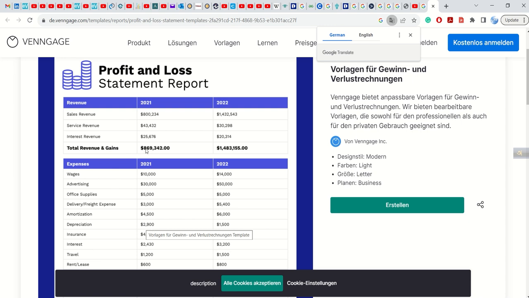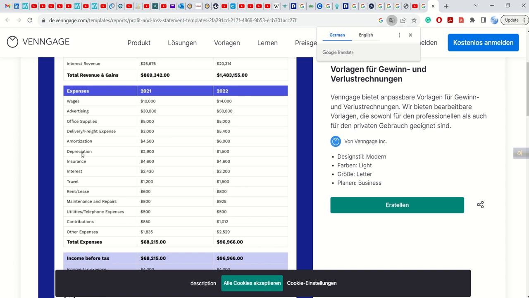So this $2,900 we deduct from the total revenue, and this depreciation comes from a big purchase, the fixed asset purchase. But do you think this 2,900 actually happened?